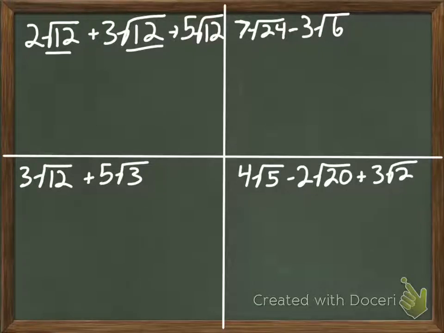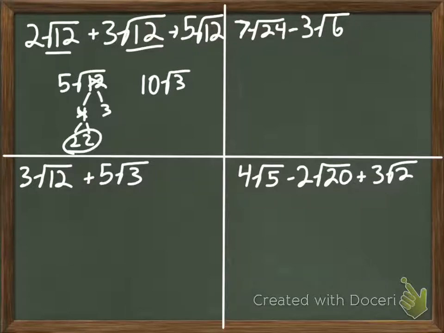But we are not done. We know that the square root of 12 can be simplified, so we need to simplify completely. So we simplify 12, circle our pair of 2's, so we get 10 square root of 3. So simplified, it's 10 square root 3.